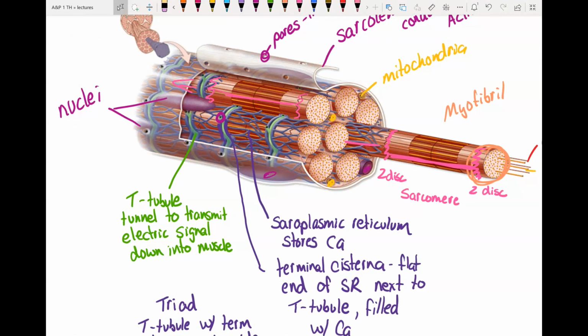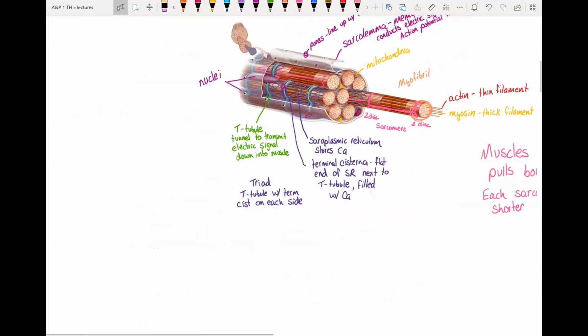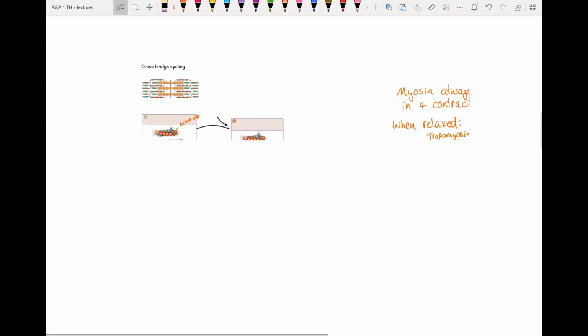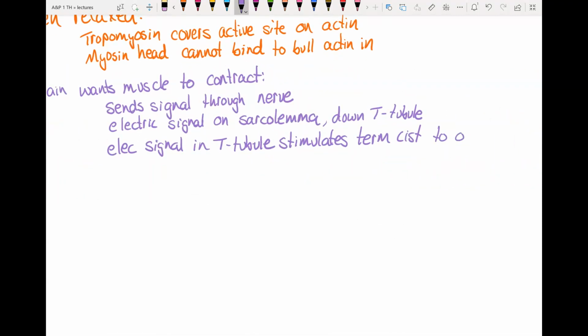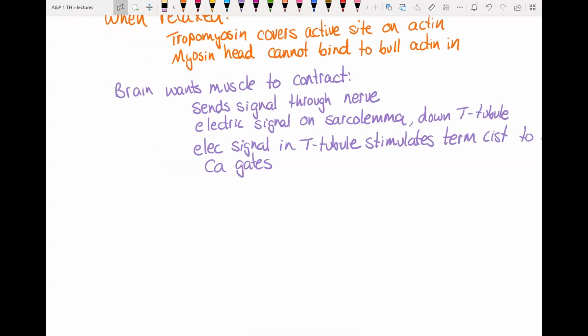When there's an electric signal in that T-tubule, it makes that terminal cisterna open its calcium gates. Okay, think back to chapter 4, what you learned about diffusion. If it's all full of calcium in there, that calcium wants to diffuse out. Remember, it wants to spread out until it's equal. So as soon as you open the gates, the calcium diffuses out.